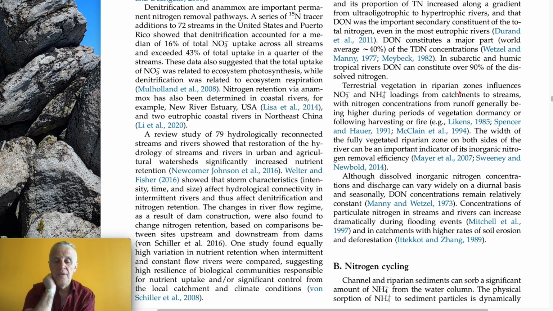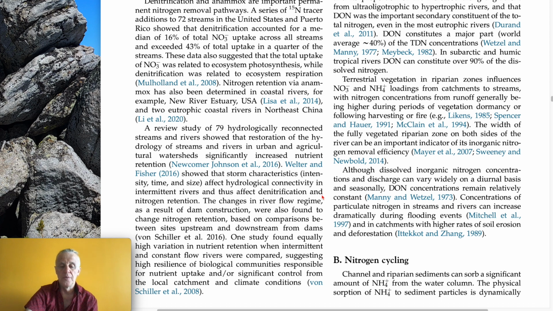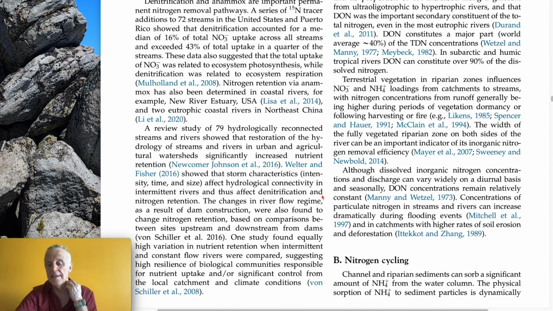The changes in river flow regime as a result of dam construction were also found to change nitrogen retention, based on comparison between sites upstream and downstream from dams. One study found equally high variation in nutrient retention when intermittent and constant flow rivers were compared, suggesting high resilience of biological communities responsible for nutrient uptake and/or significant control from the local catchment and climate conditions.